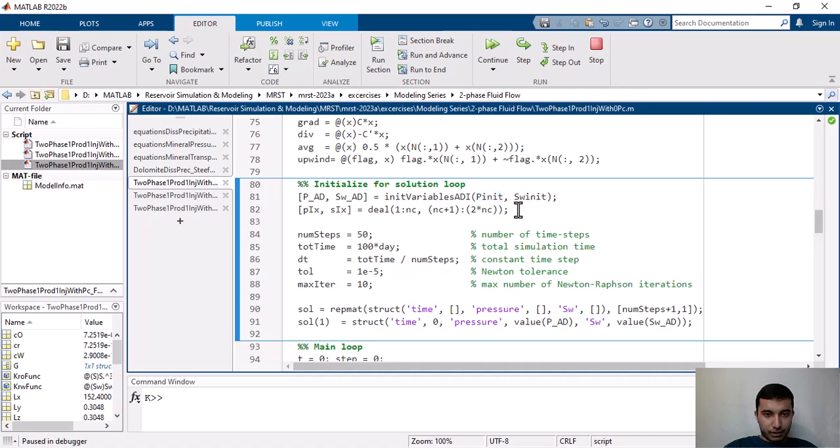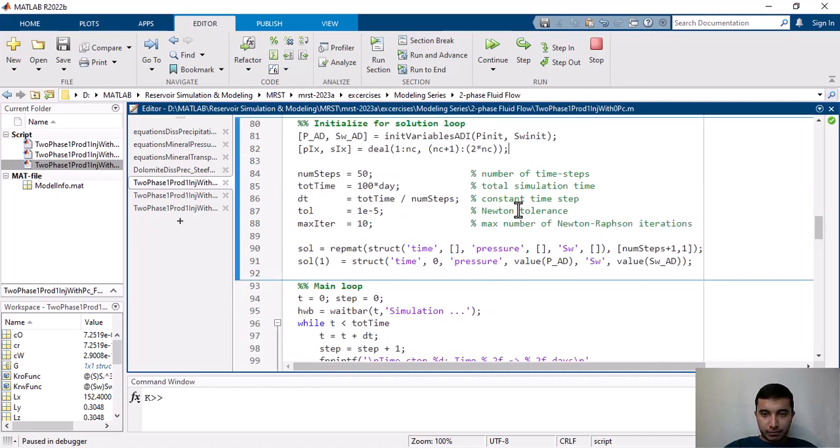So I only have two unknowns for this system. Great. And here I have specified some properties for numerically solving the system. The total number of time steps is 50. The total simulation time is 100 days.